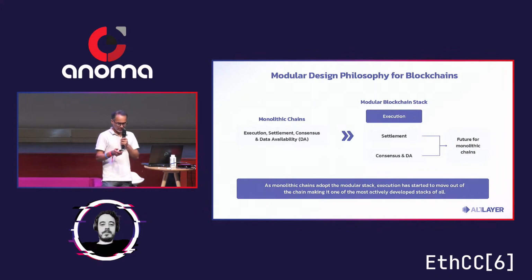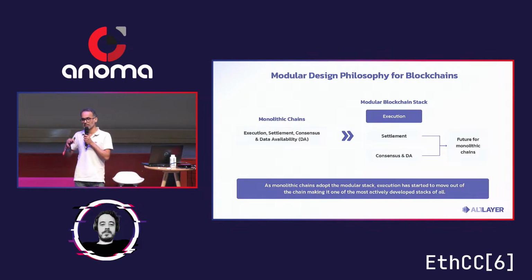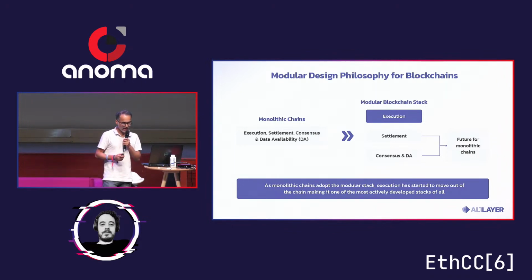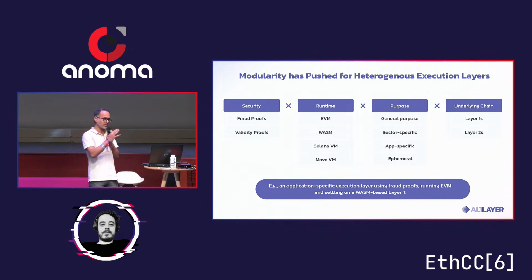A really good thing that happens when execution moves out is that you are no longer limited by the constraints of the base chain, which does DA and everything else. We have seen over the last years several types of execution layers being built, which have different traits.